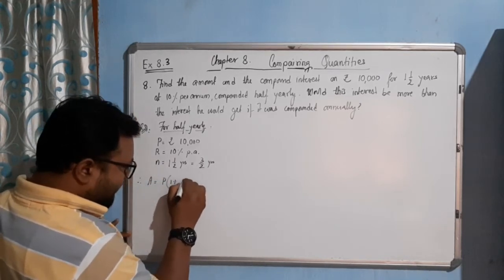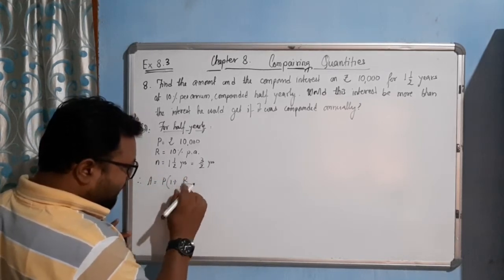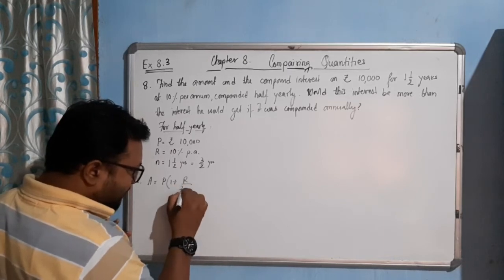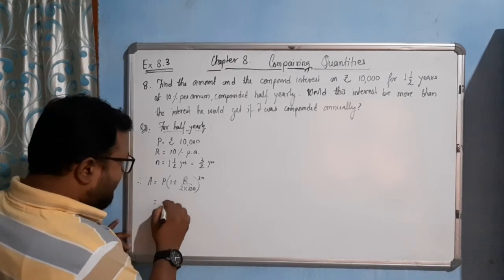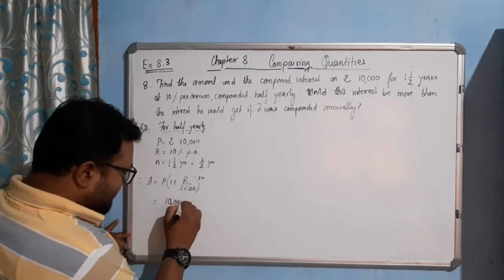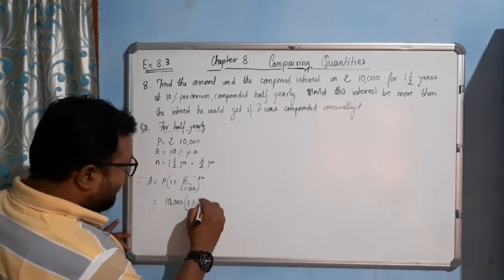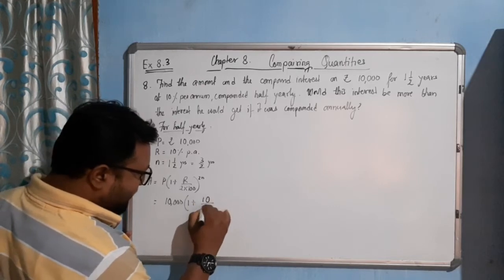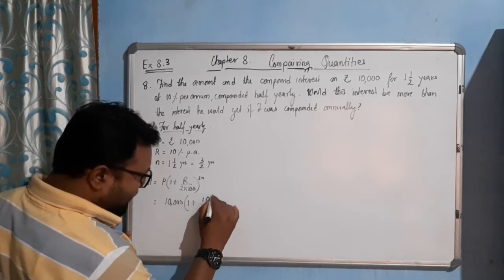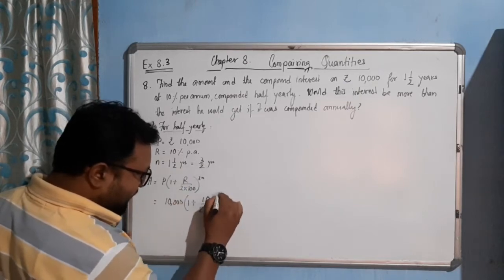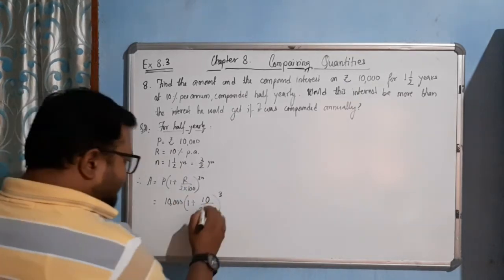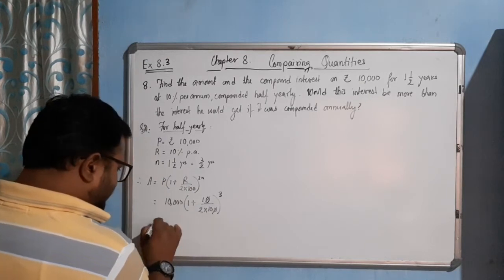P into 1 plus R by 100 for half yearly, R by 2 into 100, to the power 2n. P is our 10,000, 1 plus R is our what? 10 by 2 into 100. 2 cancel, 3 will be here. So this is cancel 20.